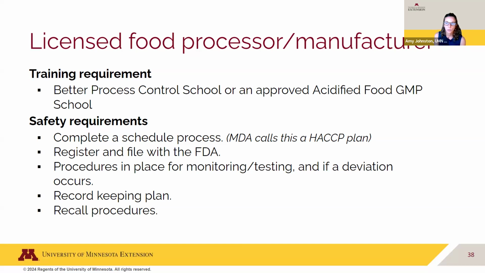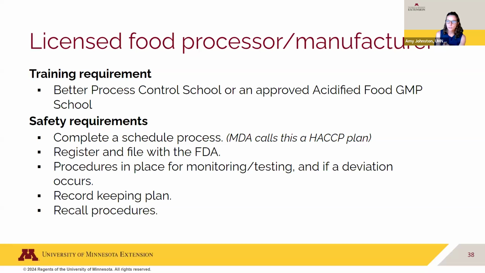In that, you'll learn everything you need to know, from sanitation, thermal processing, equipment, containers, enclosures, record keeping, and all the other resources to keep your acidified food business safe.